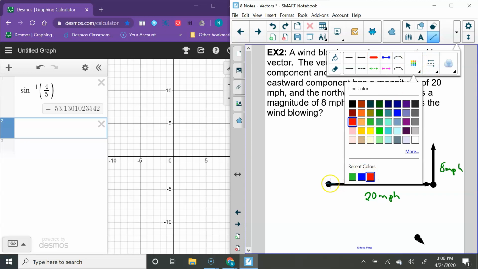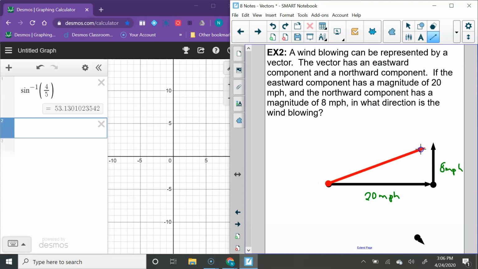Resultant vector will go from the beginning of the first vector to the end of the second, and it'll be this red vector that we have right here. So it does not ask us about the magnitude. Now, if we needed to know magnitude, we just do 20 squared plus 8 squared, take the square root, do Pythagorean theorem there, and get our magnitude.